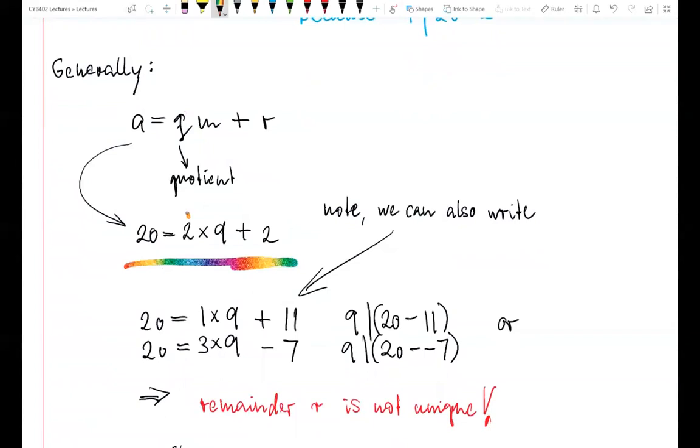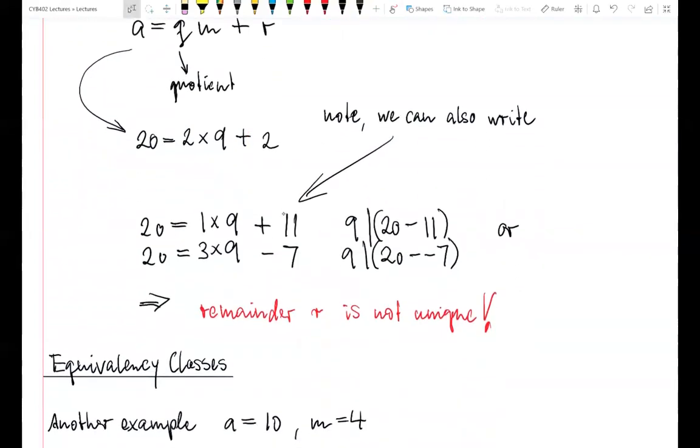So the quotient is 2, and please note that the quotient is just about big enough to make the remainder the smallest possible positive remainder that we could get. But playing around with the quotient, we will see that we are going to get different remainders, which are not the smallest positive remainder anymore.